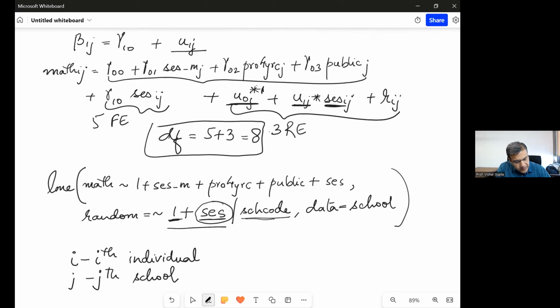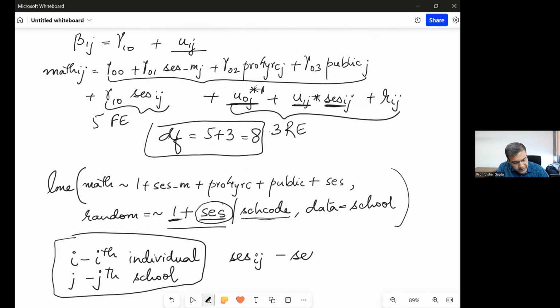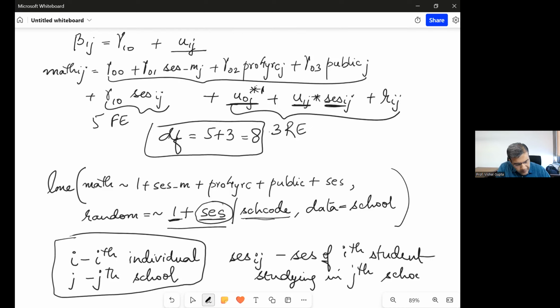That is what the IJ notation means. SES ij means SES of the ith student studying in the jth school. Thank you. Any other question?